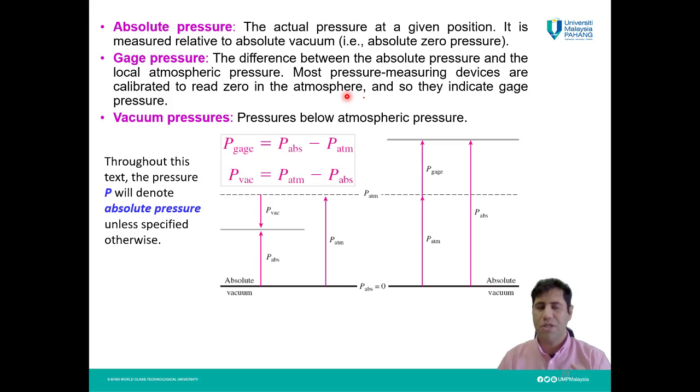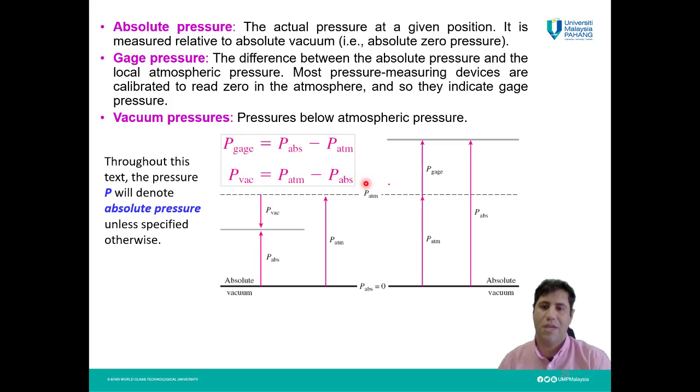So when you are using a gauge to measure the pressure, usually it doesn't need to remove the atmosphere pressure from that, because it is already considered. So gauge pressure usually is measured only by that equipment. And vacuum pressure is the pressure below atmospheric pressure.